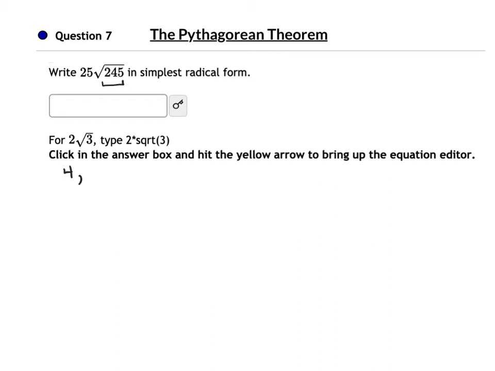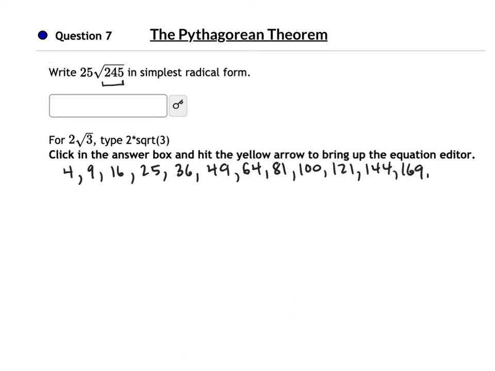That's 2 squared. 3 squared is 9. 4 squared is 16. 25, 36, 49, 64, 81, 100, 121, 144, 169, 196, and they go on forever. These first ones are the most important.